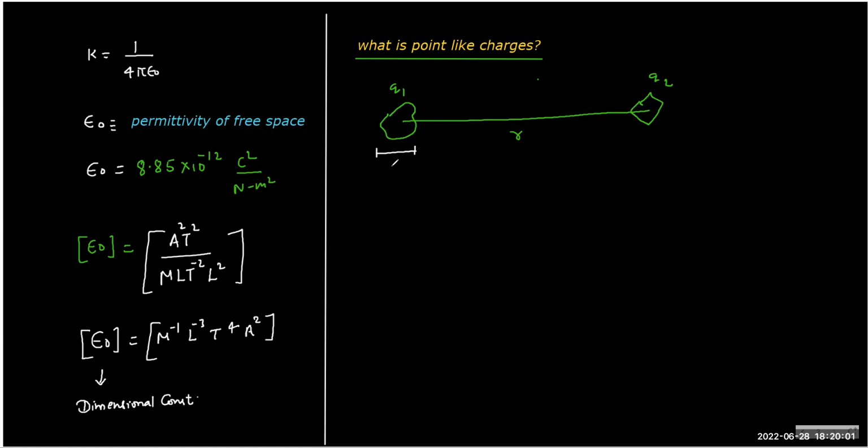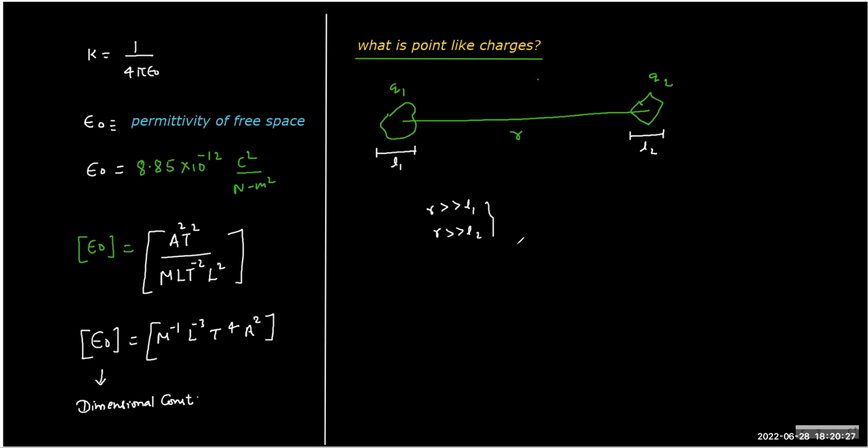Let's call the dimension L1. The biggest dimension of the other is L2. Now, if R is much bigger than L1 and L2, if the linear separation between the charges is much bigger than their individual dimension, we call them point-like charges.